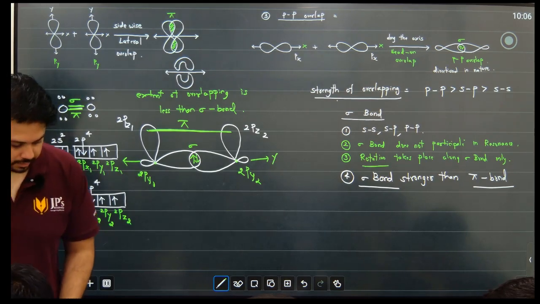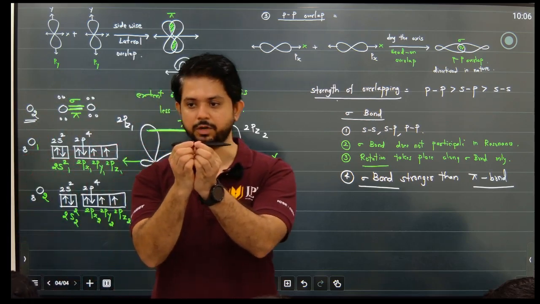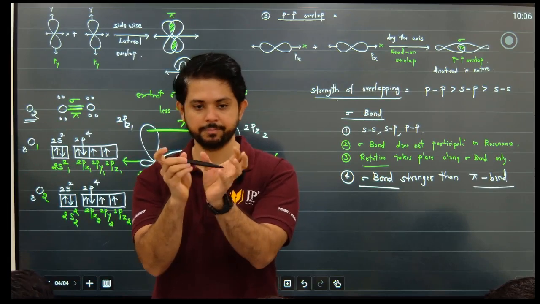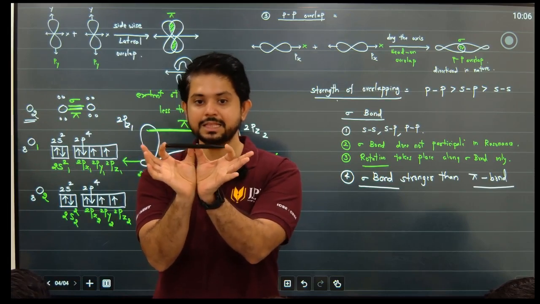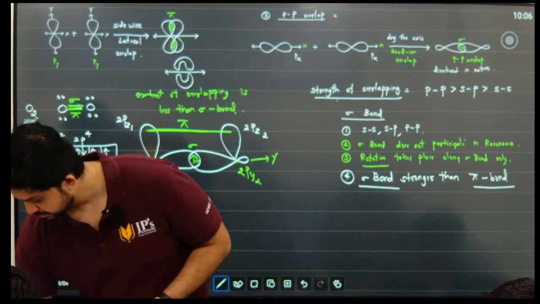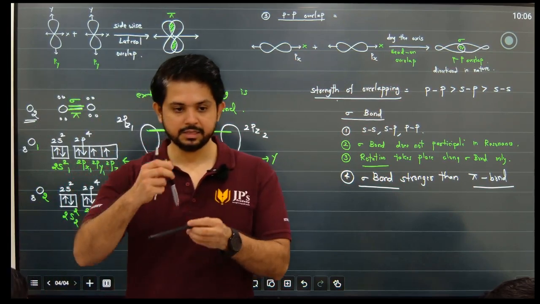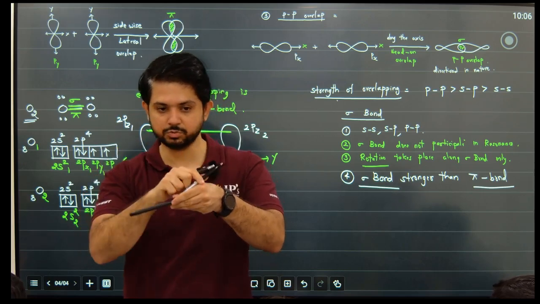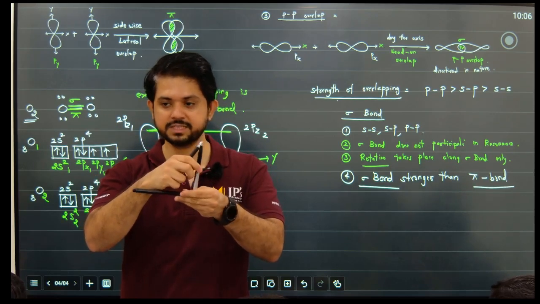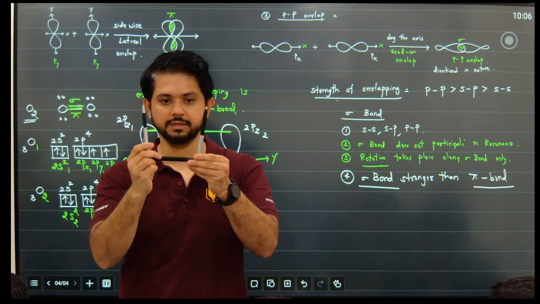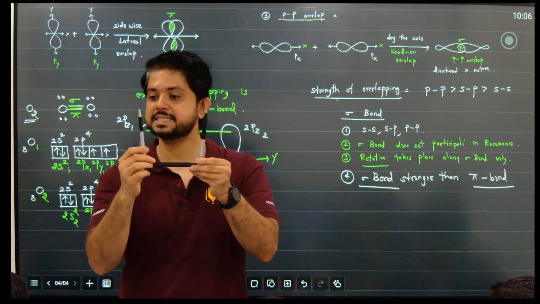So in short, if this was the first bond, ये 2py और ये 2py साइड से ओवरलैप हुए, then how did 2pz overlap? This was 2pz of one oxygen, this was 2pz of the second oxygen, and they've overlapped sidewise.